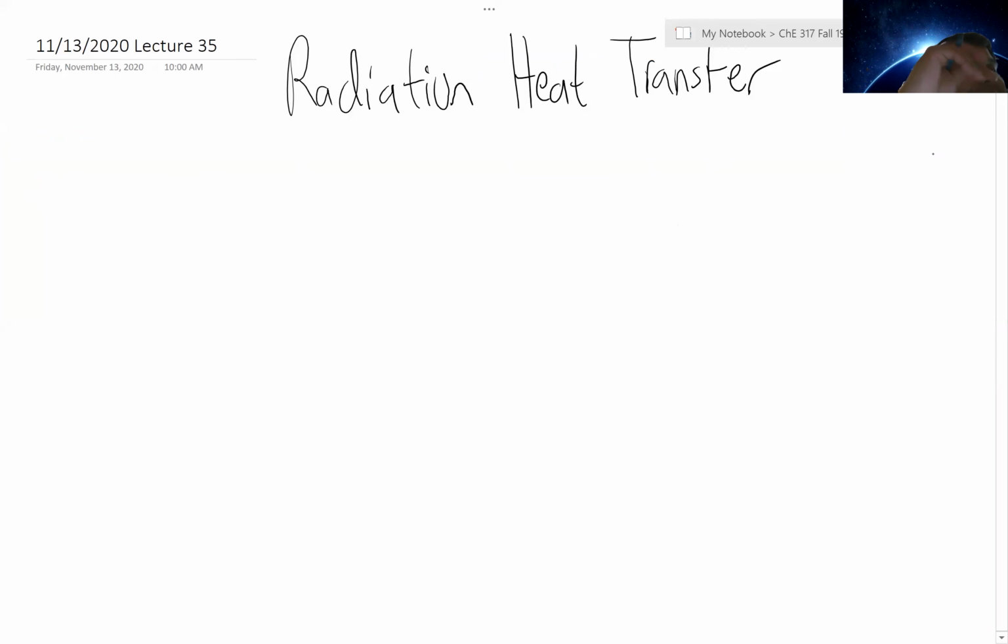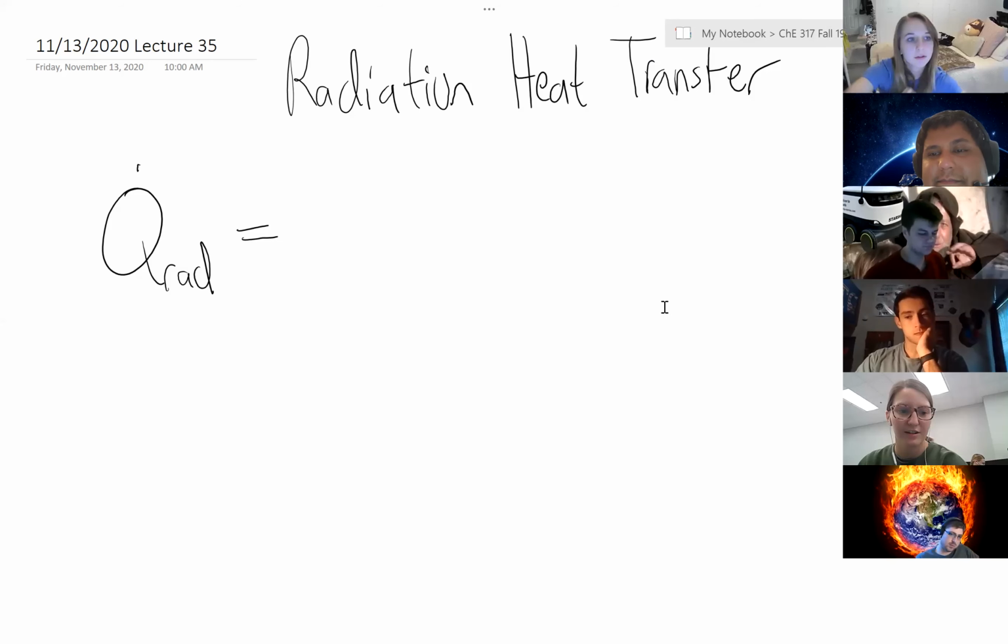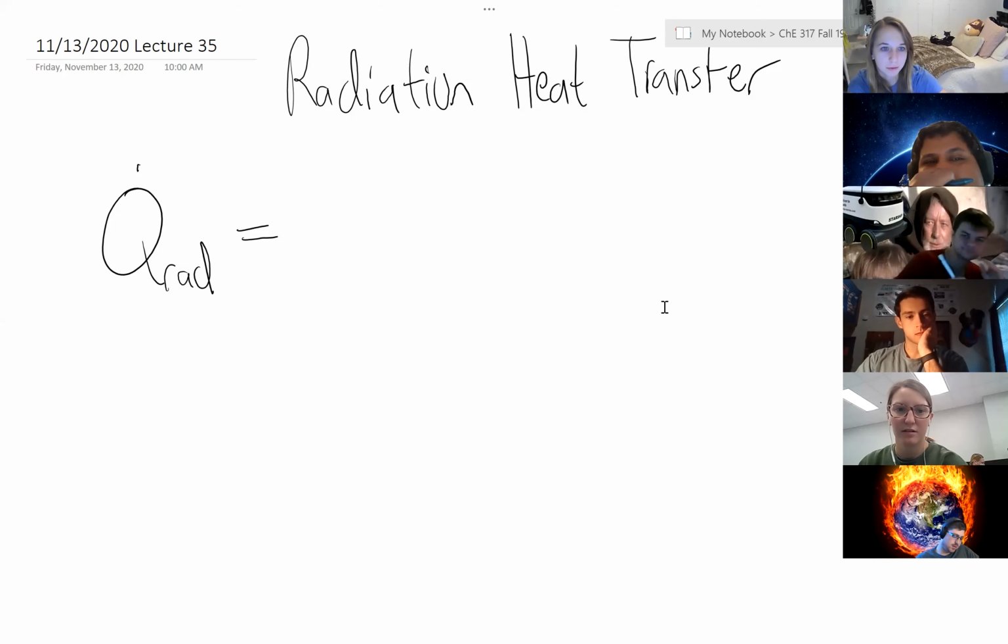So do you guys remember how we were able to calculate the heat transfer rate by radiation? Just to see if you guys have that vague memory. Wasn't the formula like sigma A epsilon T to the fourth?